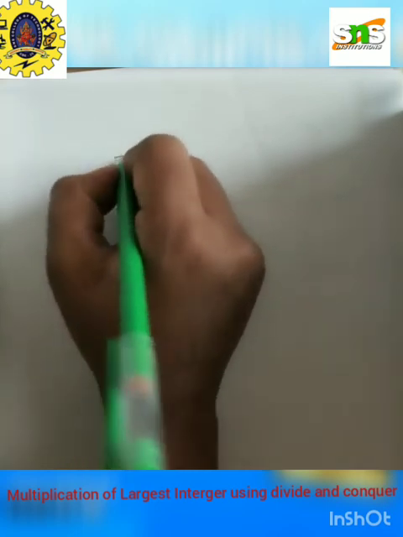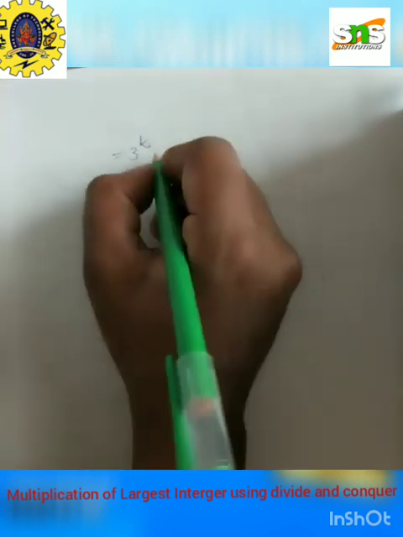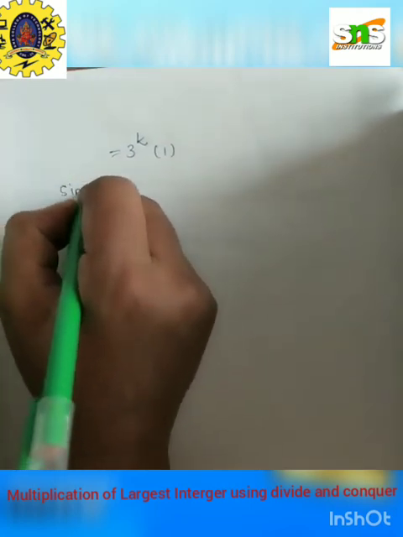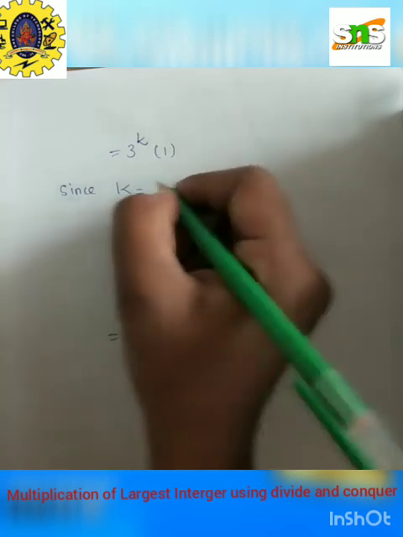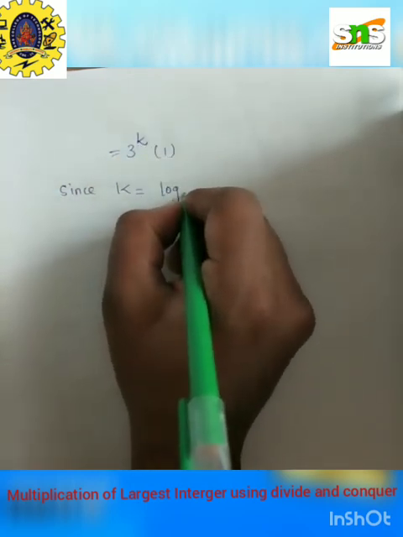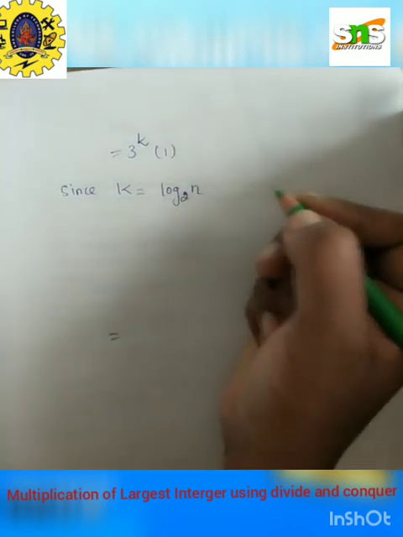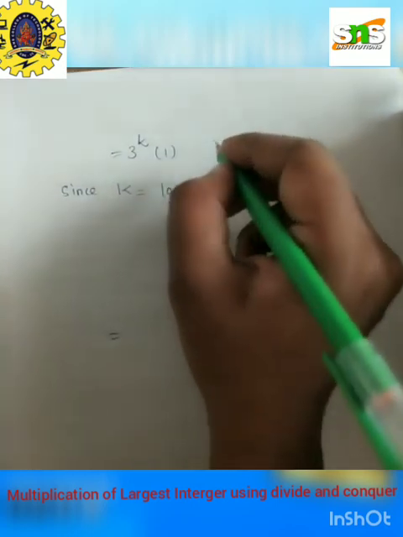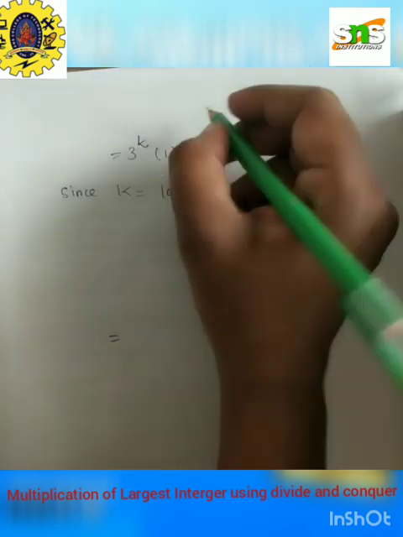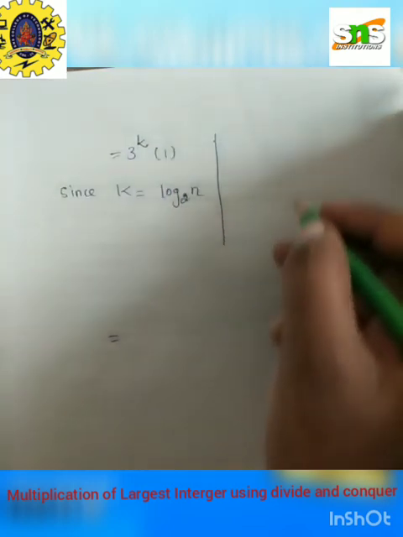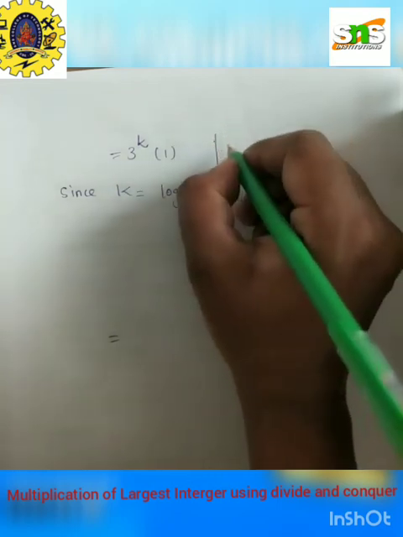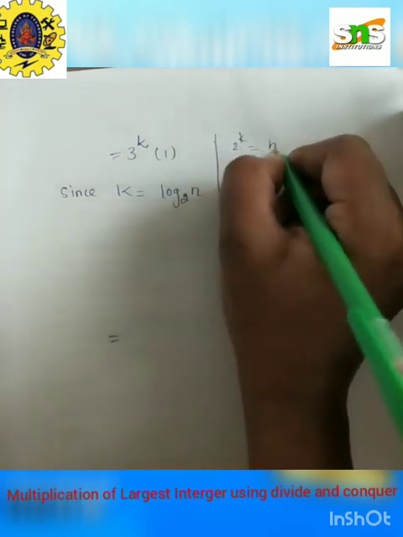So here 3 power k into 1. Now we are going to find the value for k, which is log to the base 2 of n. Why? We already got this value for k in the previous analysis of binary search, merge sort and quick sort. So 2 power k is equal to n.